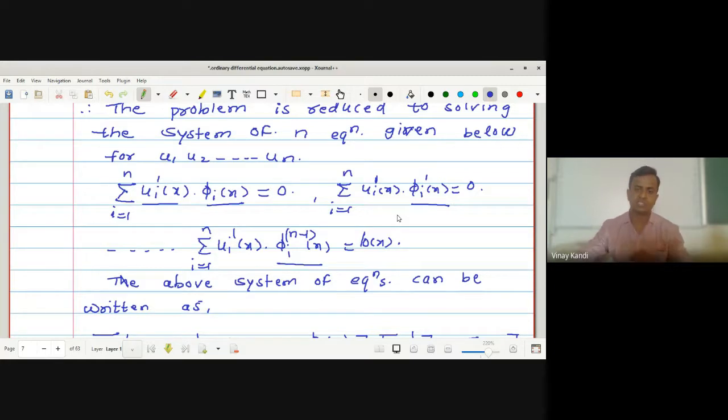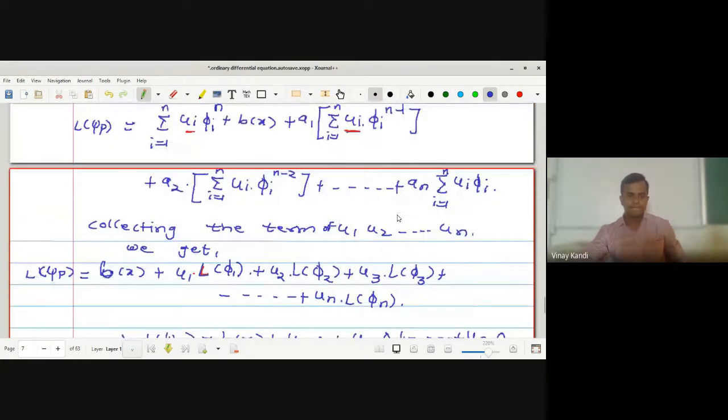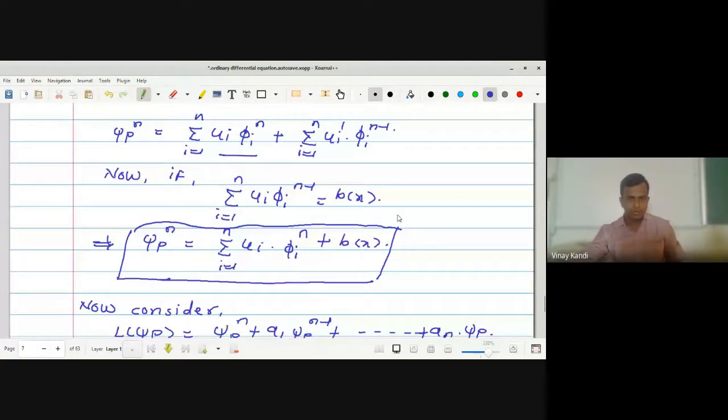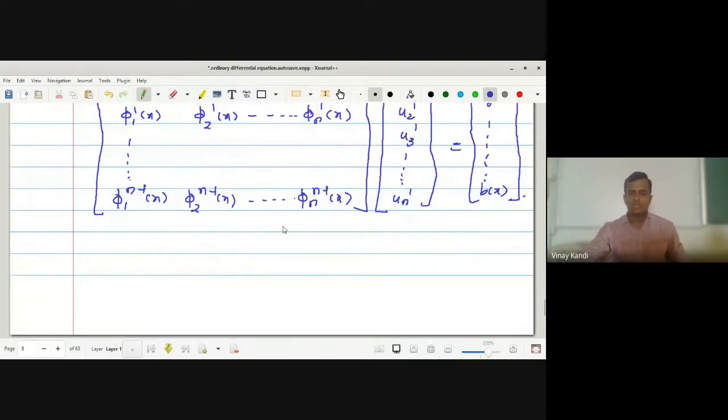Correct, b of x is here. Look at it, this one is b of x. So here the last term is b of x.